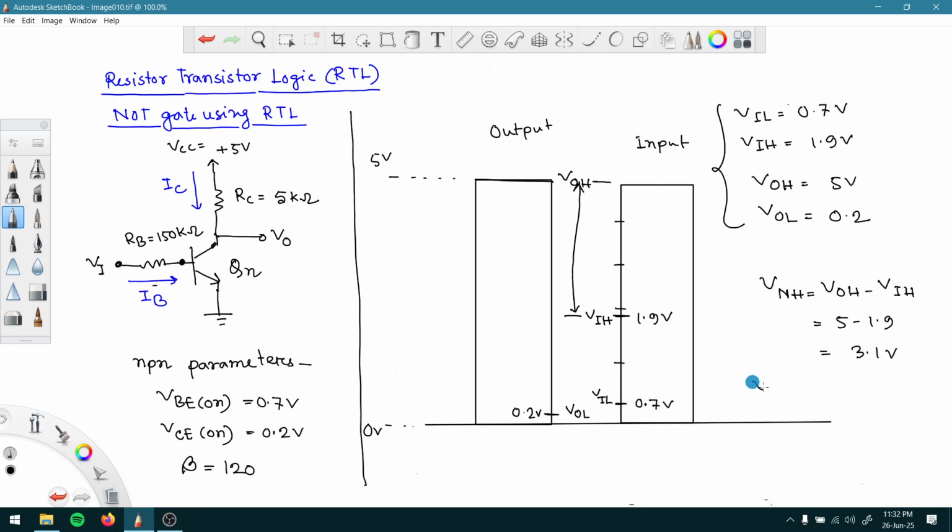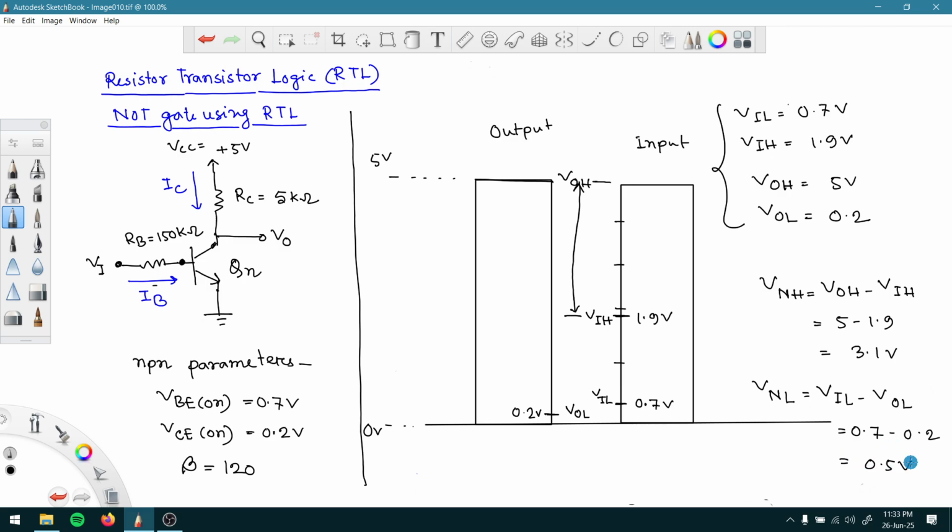And VNL should be equal to the difference between these two voltages, VIL and VOL. So that will be VIL minus VOL, 0.7 minus 0.2, equals 0.5 volt.